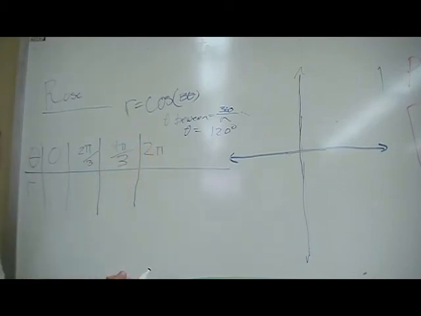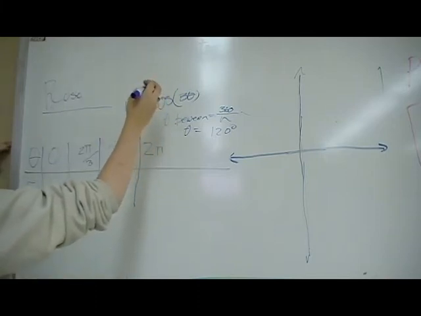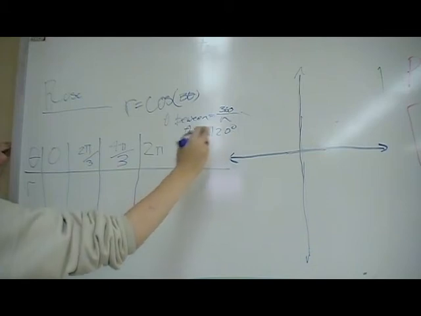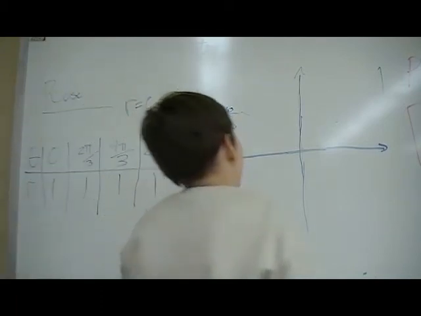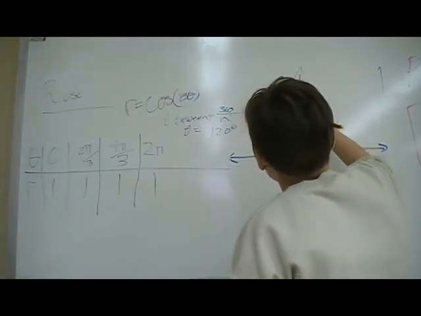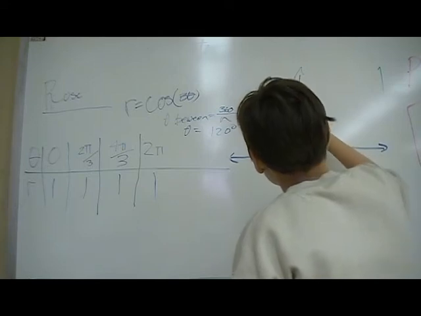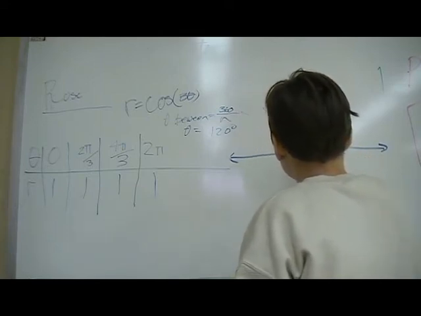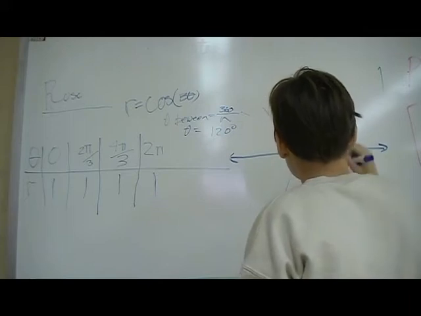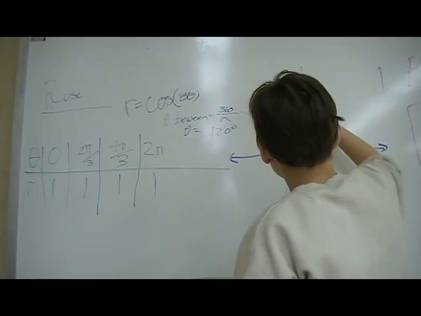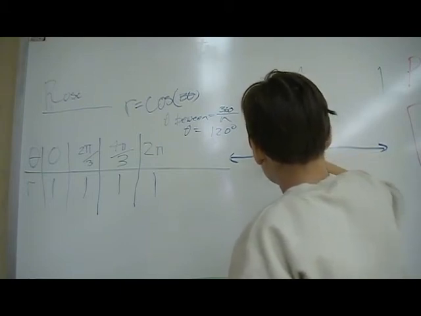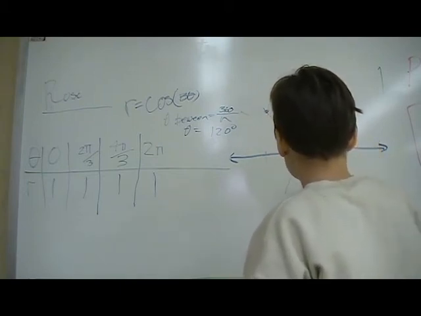So for this one, you'll get all the same answers. We just need the angles. So for this one, it's just 1, 1, 1, and 1. And you draw it out. So the hardest part is probably figuring out the angle on the graph. So it'll be something like this. Okay, this is 1, 1.